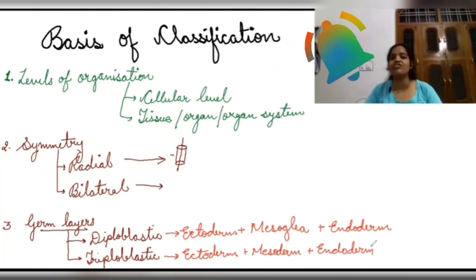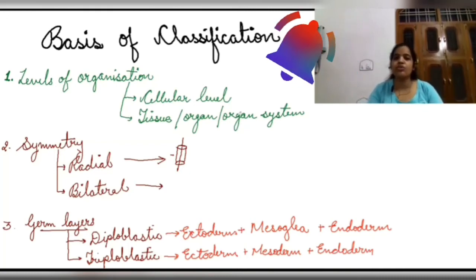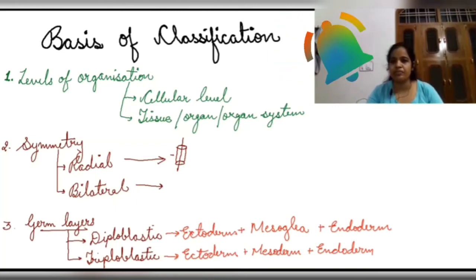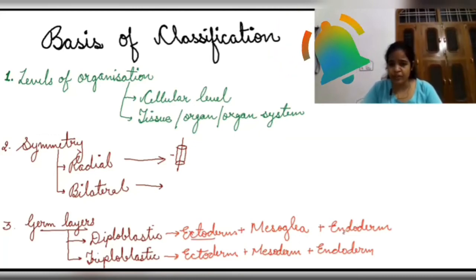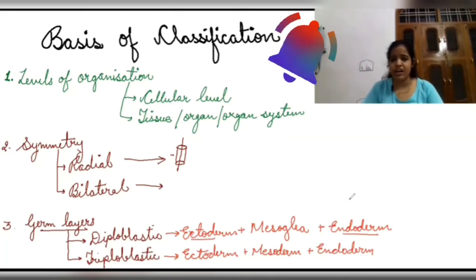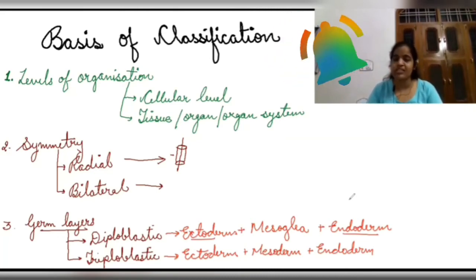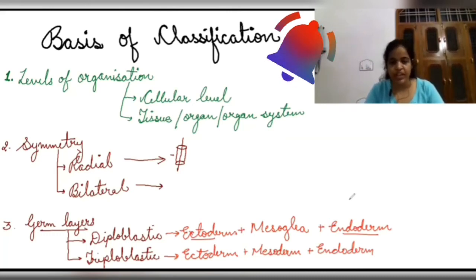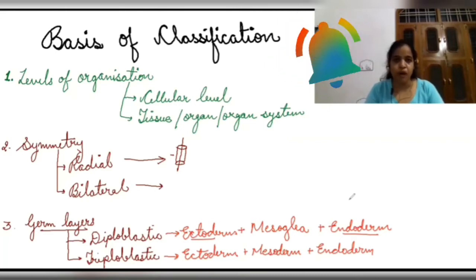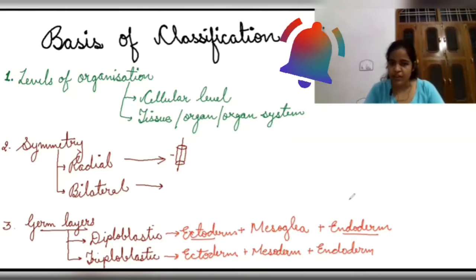It means they will have three germinal layers, those which are triploblastic. Some of you might be wondering, what is this ectoderm? What is this endoderm? So guys, ectoderm is the germ layer which forms the outer surface of the body, whereas endoderm forms the inner surface of the body. Clear?